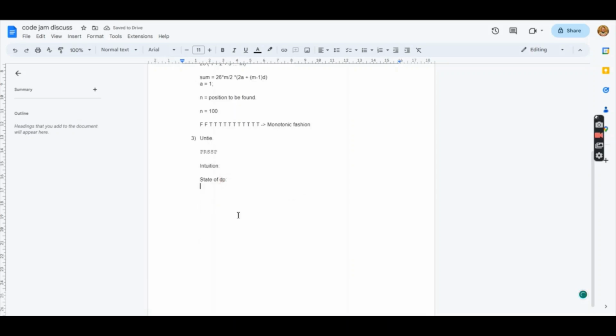I hate this extension DP. So the first state will, as usual, be the index of the string we are at.